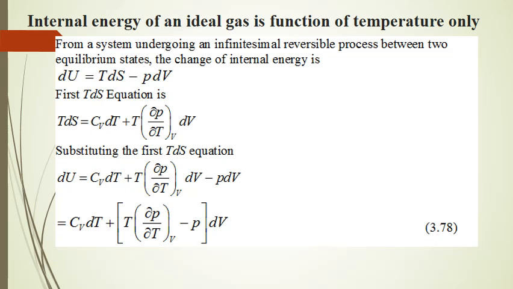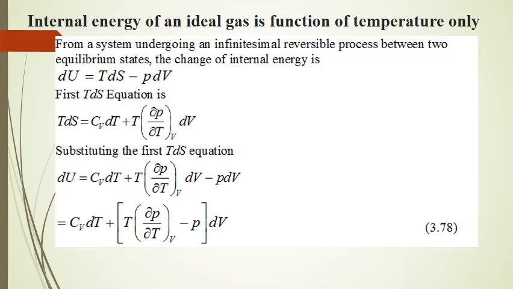Now we are going to prove an important concept, that is, the internal energy of an ideal gas is a function of temperature only. Now for a system that is undergoing an infinitesimal reversible process between two equilibrium states, the change of internal energy is dU equal to TdS minus PdV. Now the first TdS equation is TdS equal to Cv dT plus T into del P upon del T when V is constant into dV.